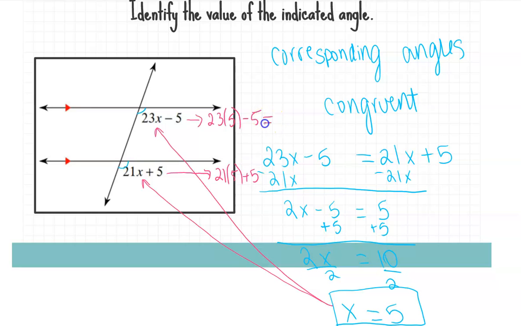So for the angle on the top, that would give us a final answer of 110 degrees. And then hopefully the answer on the bottom would result in the same answer because corresponding angles are supposed to be congruent. So 21 times 5 is 105 plus 5 is 110. So both of those angles are 110 degrees.